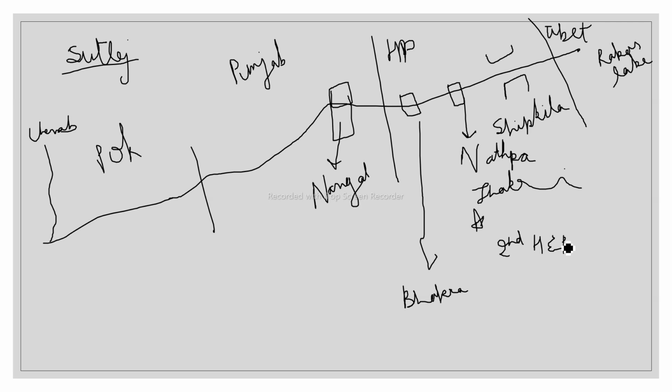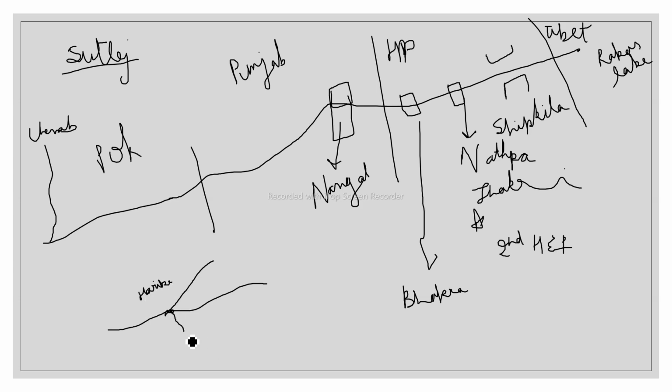One more thing, let me tell you. Say this one is Satluj that was flowing, and then Bias is joining this. I told you that Bias and Satluj are going to join at Harike in Punjab.